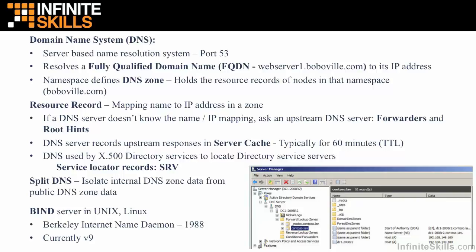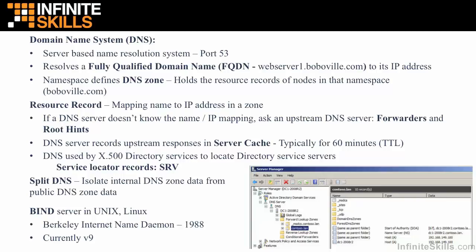You can actually see this in the dialog box in the lower right-hand corner. We're looking at contoso.lan as the namespace, also called the DNS zone name. That's on the left-hand side, highlighted in blue. And then inside that container are the actual mappings of the hosts, the actual server names, who are members of the contoso.lan namespace.